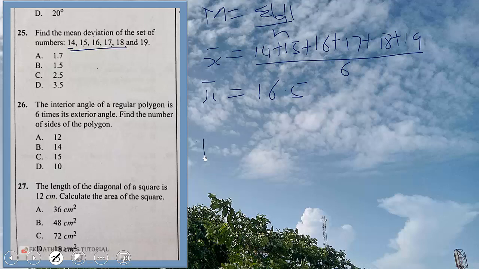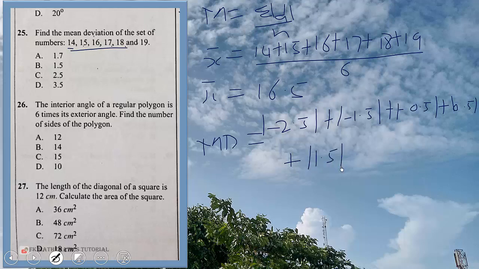So 14 minus 16.5 is negative 2.5, absolute value, plus 15 minus 16.5, which is negative 1.5, absolute value, plus 16 minus 16.5, negative 0.5, absolute value, plus the absolute value of 17 minus 16.5, 0.5, plus 18 minus 16.5 is 1.5 absolute value, plus 19 minus 16.5 is 2.5 absolute value, all over 6.